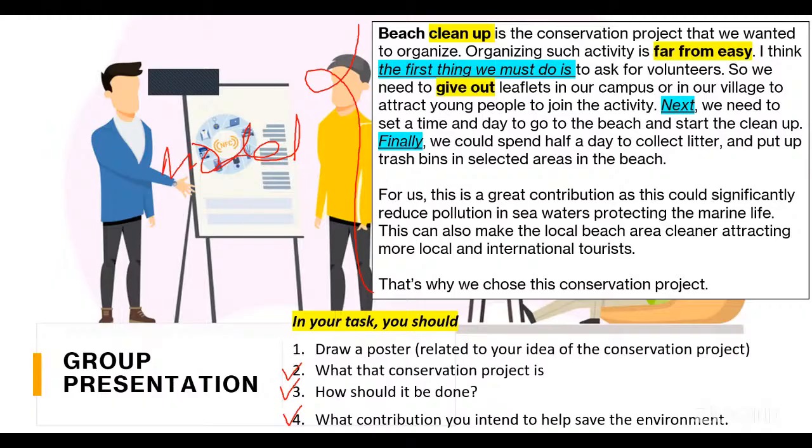Next, we will go to the riverside to pick up trash, plastic, and put the waste into waste bins. This will make a world of difference to the river's water quality and aquatic life.